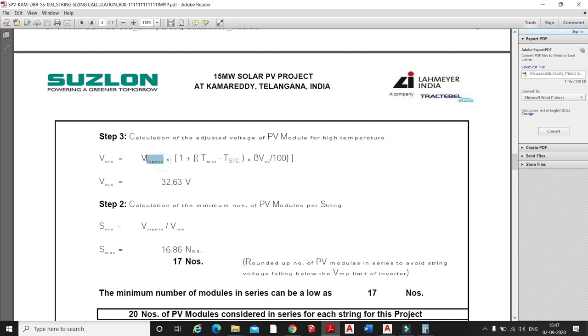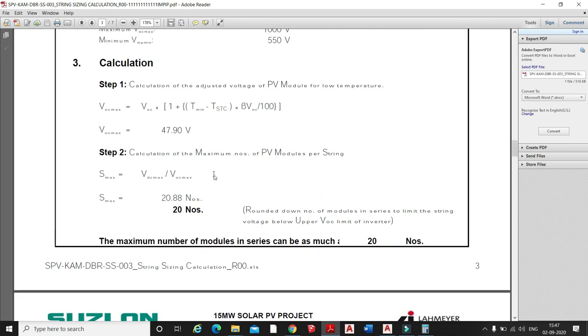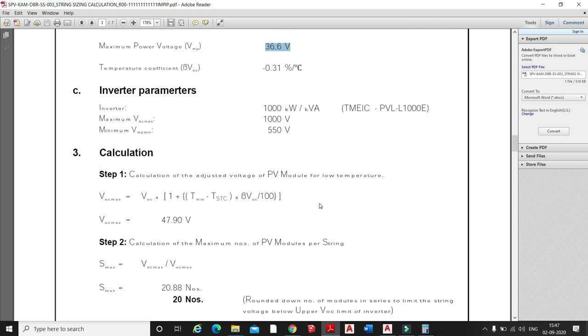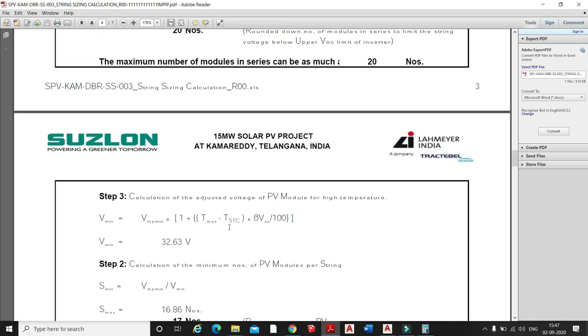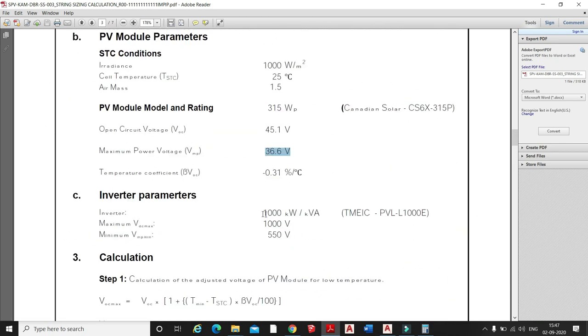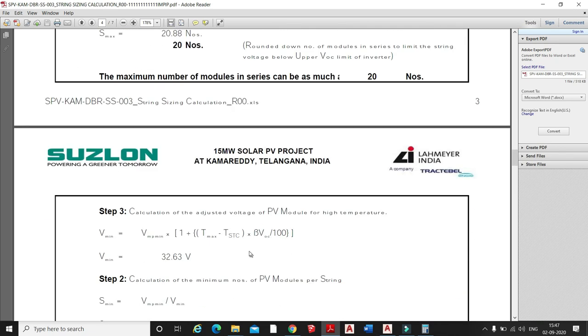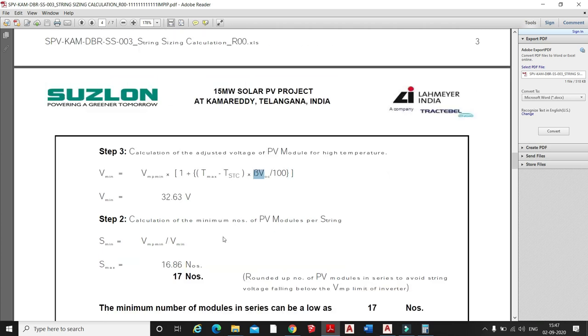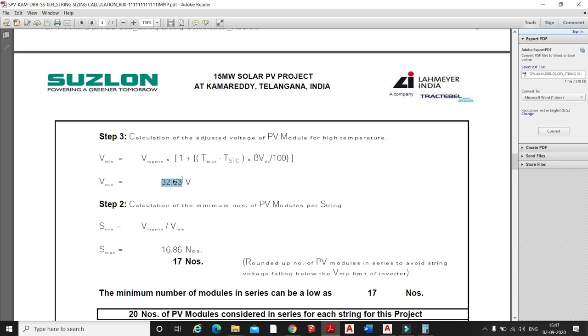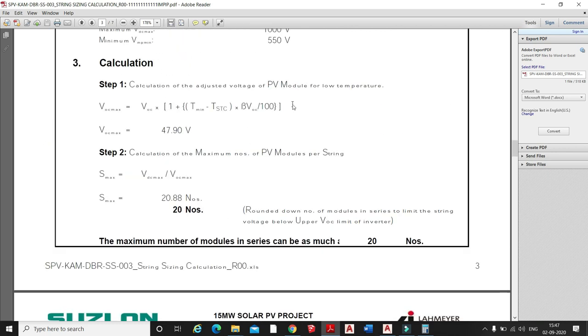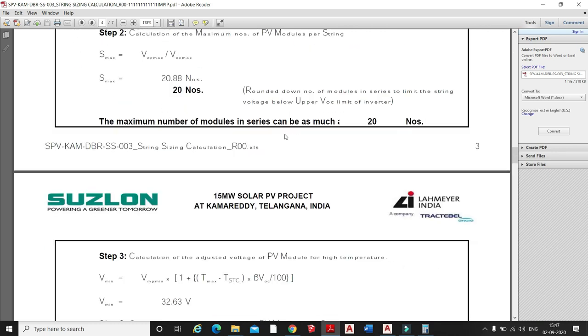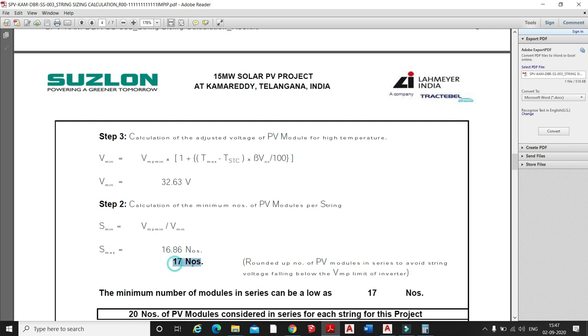Just replace VOC by VMP, which is 36, and T max, your site temperature, is 60 degrees, TSTC is 25 degrees, and beta VOC is -0.31% divided by 100. When you put the values, you get the minimum voltage at 60 degrees. When you divide 550 by 36, you get the minimum modules in series.